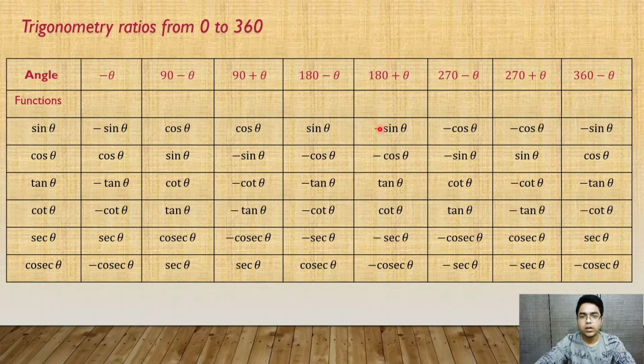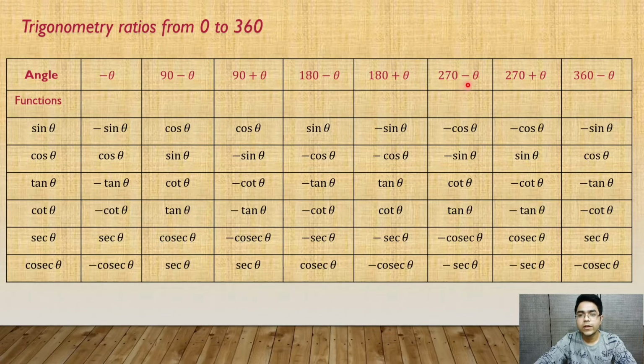For the third quadrant, sine value is negative, cos value is negative, but tan and cot values will be positive. You can see that. For 180, the values will be the same, that is sine, cos, tan, cot, sec, cosec. But here only the difference will be occurring: tan theta and cot theta will not have the minus sign, and all the others will have a negative sign.